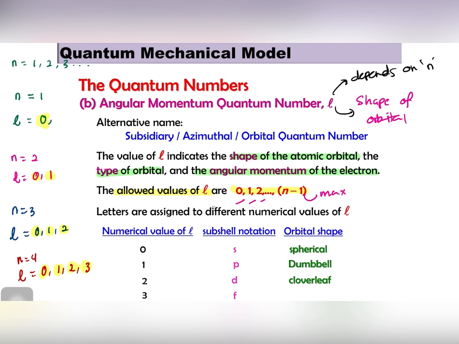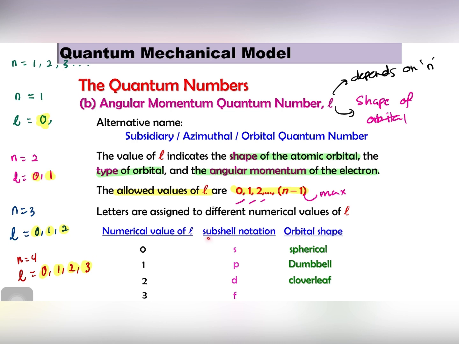So let's have a look at this chart. The numerical value of L that we saw earlier, 0, 1, 2, 3, all the ones I highlighted in yellow here, indicates the subshell notation.